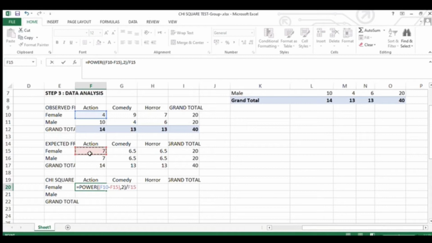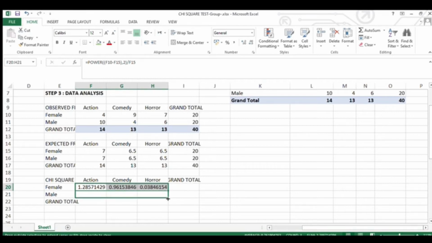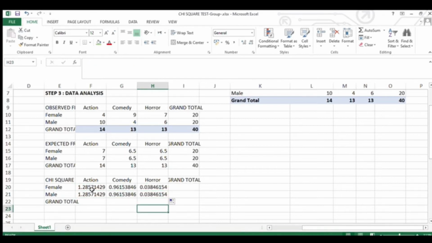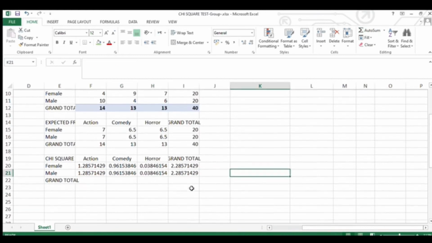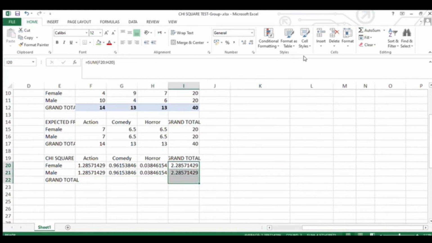After that, divide with the same value from the expected frequency. Just drag the cursor for the rest of the column, as the formula will be applied automatically. Then you need to find the grand total for female and male, and then grand total for the chi-square.